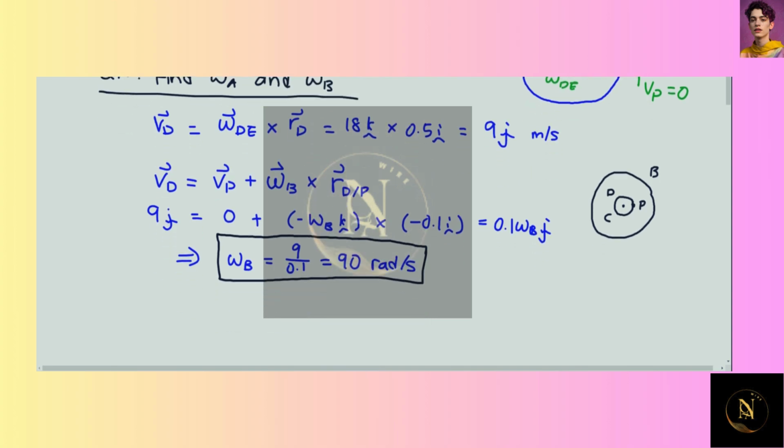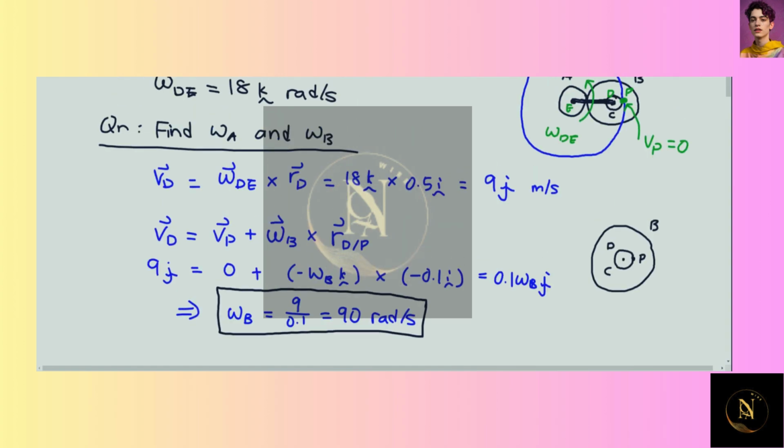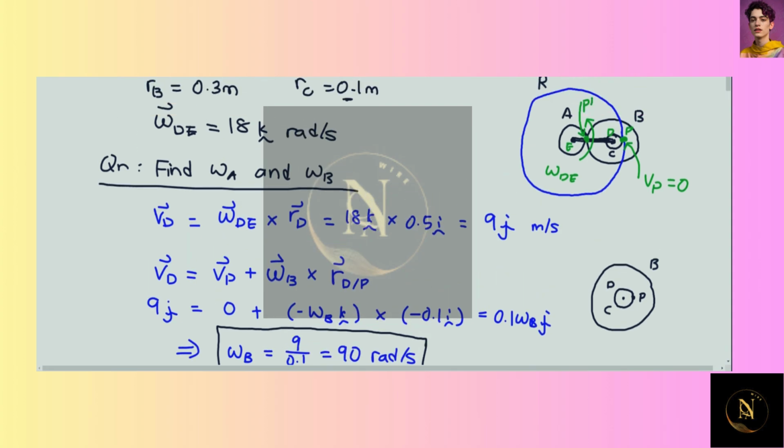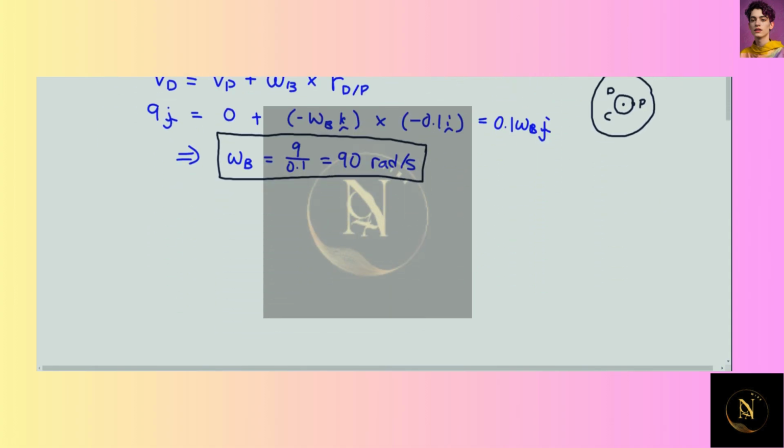Next we need to find omega A. To find omega A, we need to look at this point. I'm going to call this P prime.